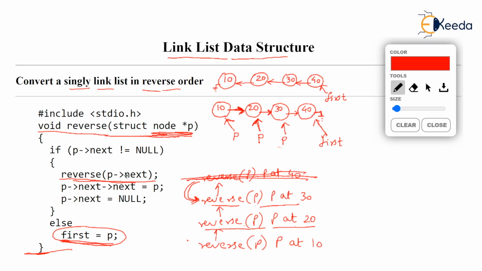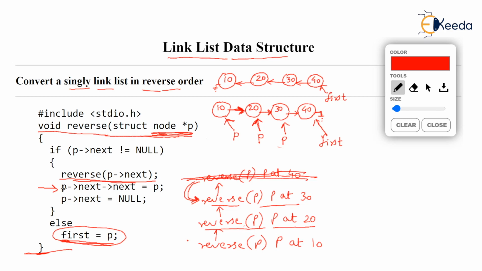What resumes in reverse 30 is P arrow next arrow next equal to P. I hope you are understanding. Reverse 30 will say that last time I did this recursive call, so I will resume from the next line from where I had left off last time so that I can complete my statements.